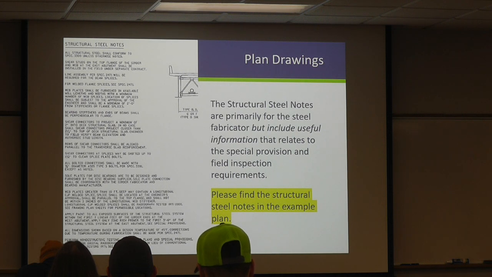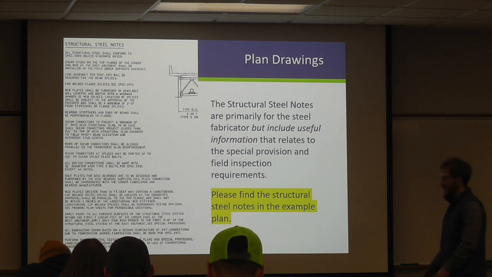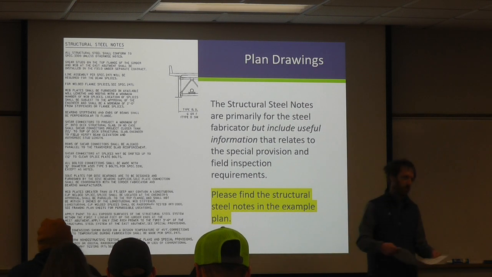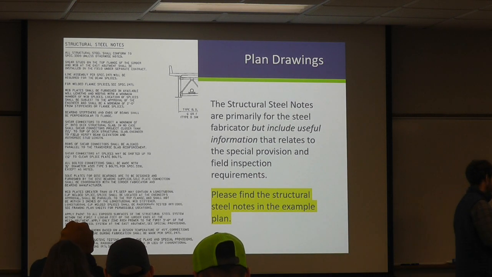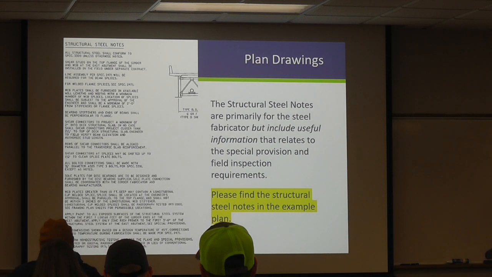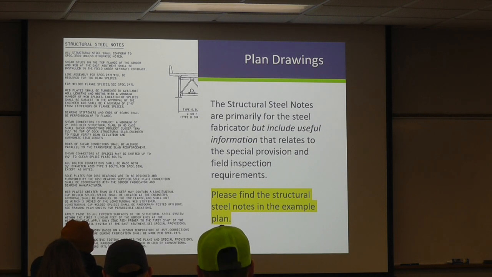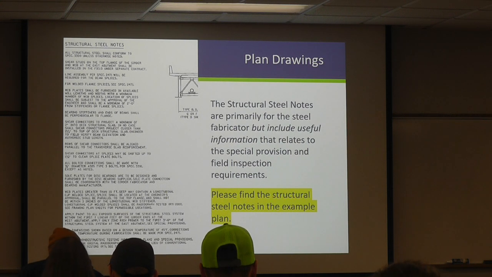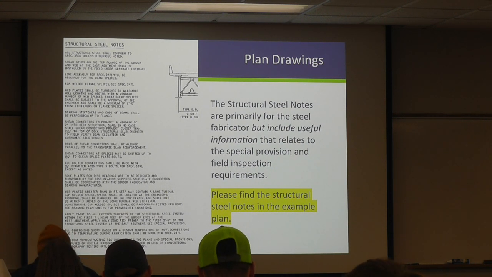So open up your plan for bridge 69-129. I'd like for somebody to tell me what sheet the structural steel notes are on. What sheet number? 7. Everybody find that?